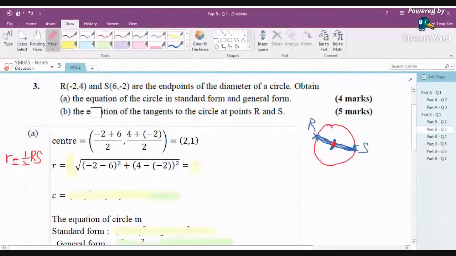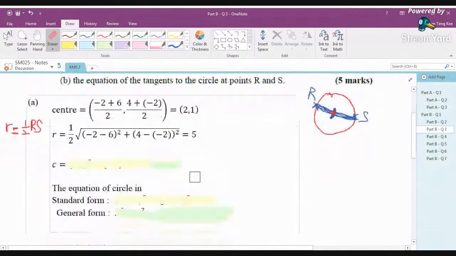And don't forget the 1/2, because you're calculating the radius, and we find the answer is 5 feet. With the center and radius, we can start to write the equations.